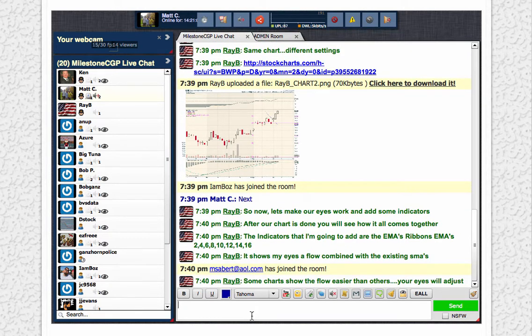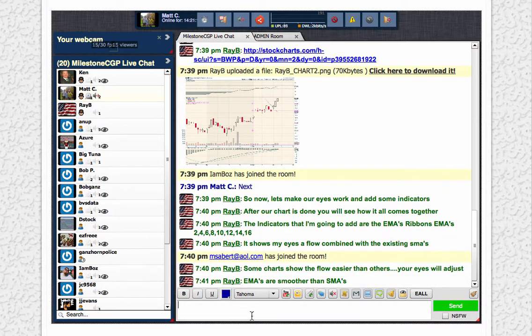Some charts show the flow easier than others. Your eyes will adjust as you start looking at different symbols, and you'll see how it flows. EMAs are much smoother than SMAs.